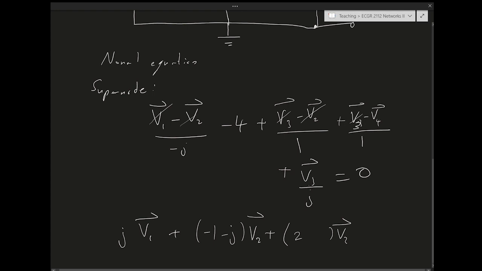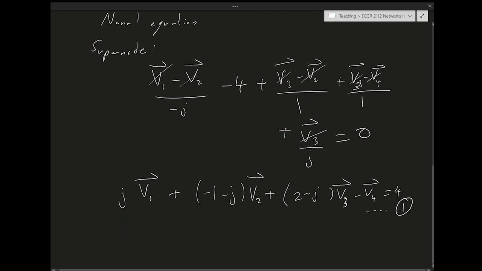And this is a minus J. I take J to the numerator, this becomes a minus J V3. Finally, the only term remaining is V4, so I have minus V4. Take 4 to the other side, I end up with 4. This is nodal equation number 1.